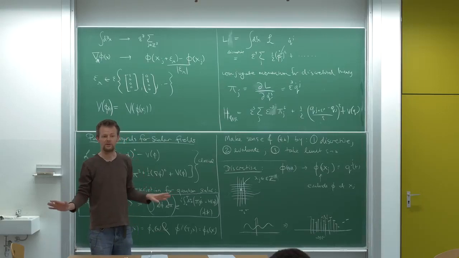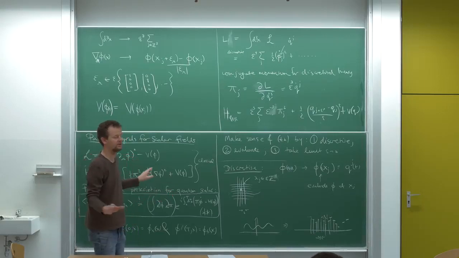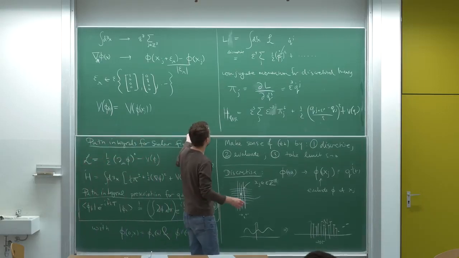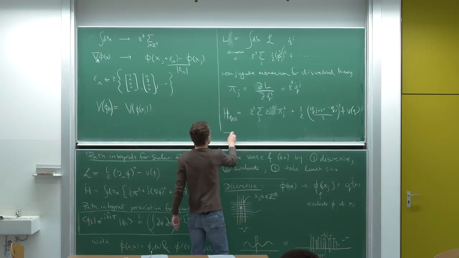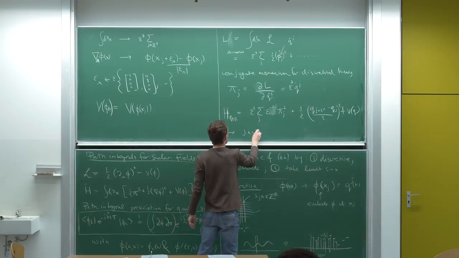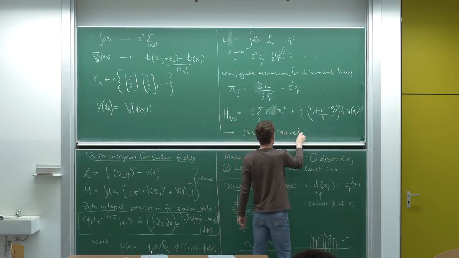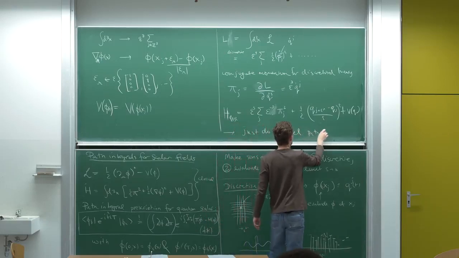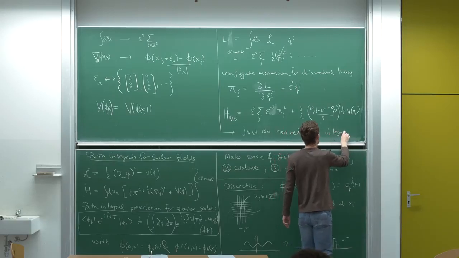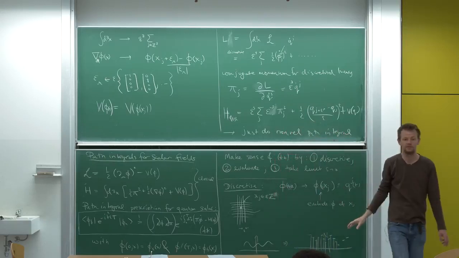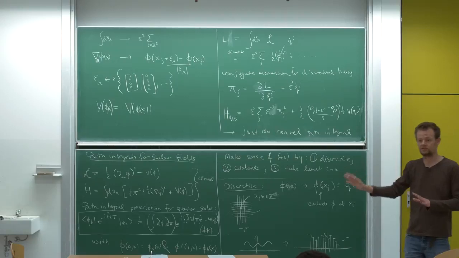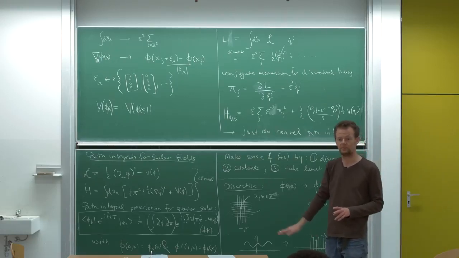Whatever. Now we've discretized. We've really got a legitimate discrete classical system. And we can just do our non-relativistic path integral on this discretized system, get an answer, and then take this continuum limit.